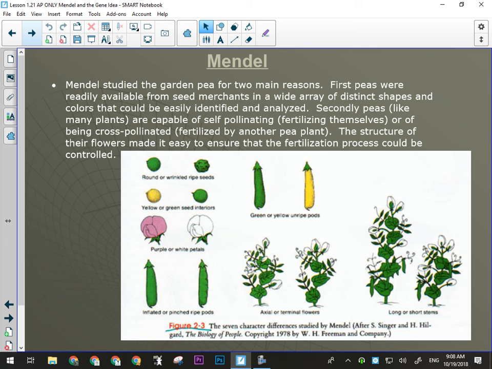Normally that's done by wind or insects, but what he was doing was ensuring that the purple flowered plant with the round peas and the pinched pods was fertilizing the plant with the yellow pods and the white flowers. He was ensuring that he was crossing the plants he wanted to cross to see what things were dominant and what things were recessive. How many people know what I mean when I say dominant and recessive?